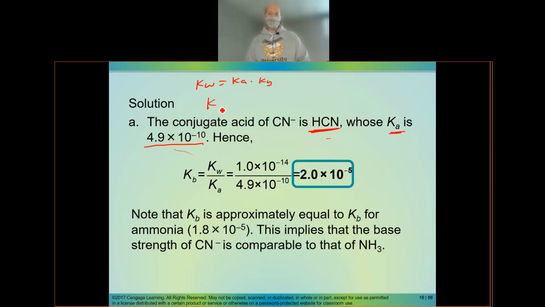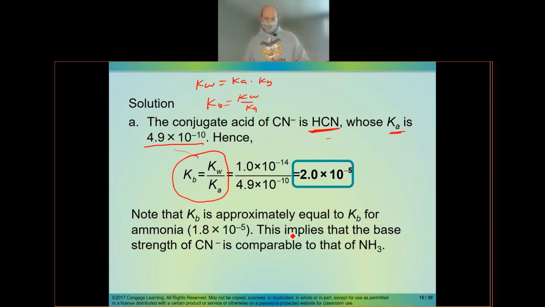And so Kb is equal to Kw divided by Ka. Then you plug in your Kw, which is a constant, 1.0 times 10 to the minus 14, and your Ka that you got off of table 16.1, 4.9 times 10 to the minus 10, and you get 2.0 times 10 to the minus 5, which is what we used for our Kb to decide that our NH4CN was basic.